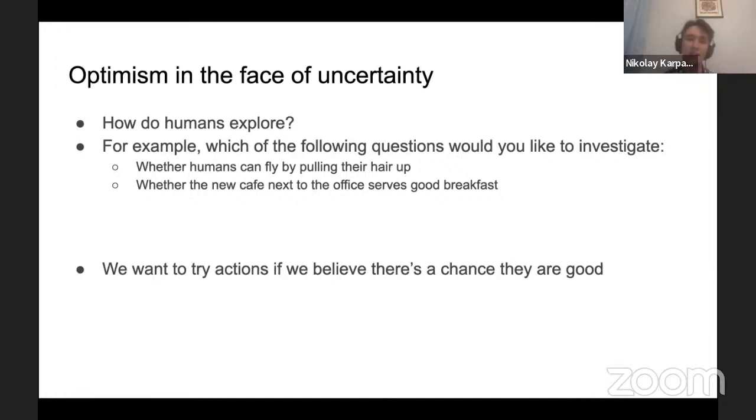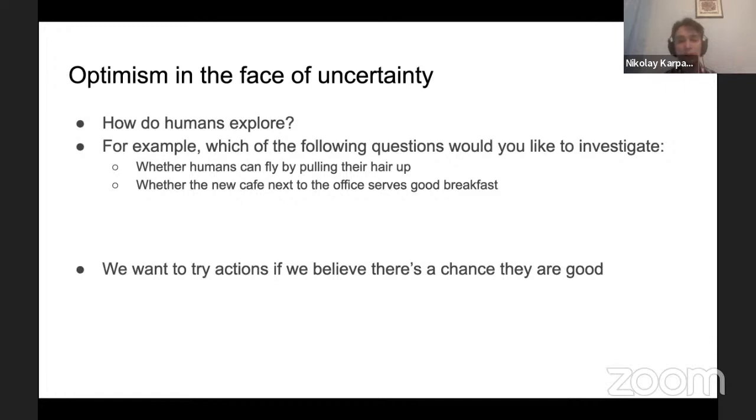The first one, we are fairly certain that humans cannot fly by pulling their hair up into the air, and hence it seems pointless to investigate this action, even though if somehow it is possible, then the reward would probably be very high.